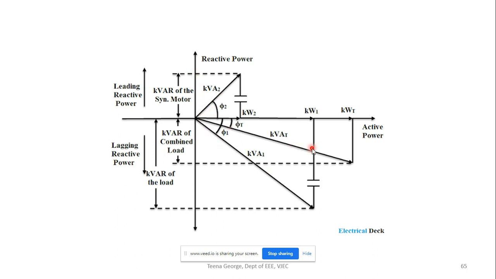The resultant current is the vector sum of these currents, or the resultant kVA is the vector sum of kVA1 and kVA2, that is kVAT. So the active power part increases a little bit and the reactive part is reduced. So the new power factor is cos phi t.